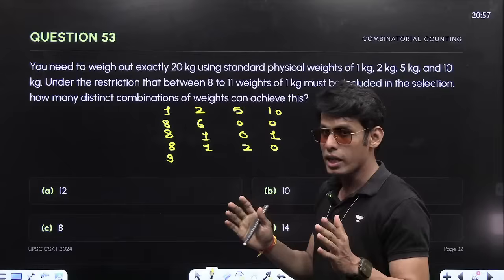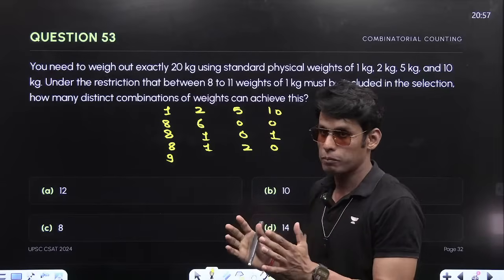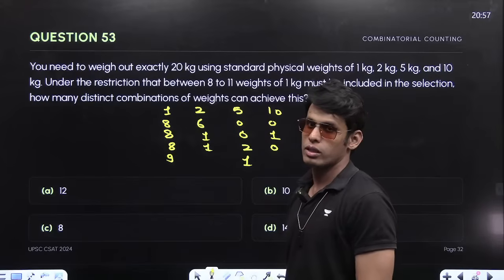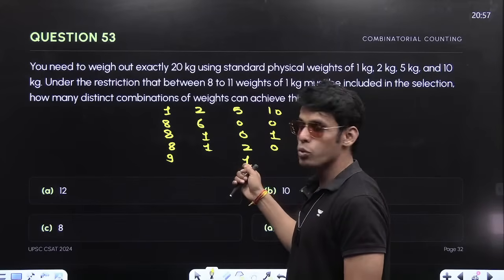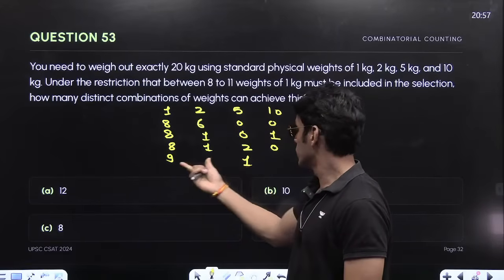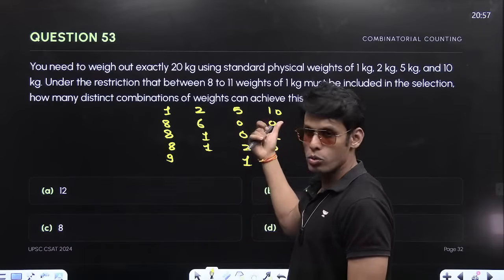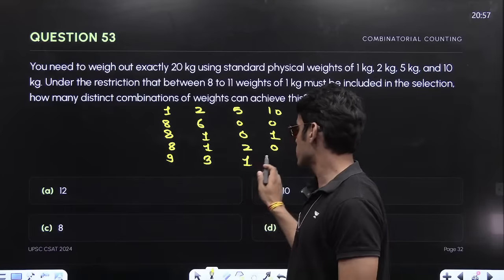Now you need to think here that 11 is an odd number. So you need to use exactly 1 weight of this. And once you have used 1, this becomes 14 kg. Now you have to measure 6 kg. You cannot use 10 kg, and this becomes the only option.